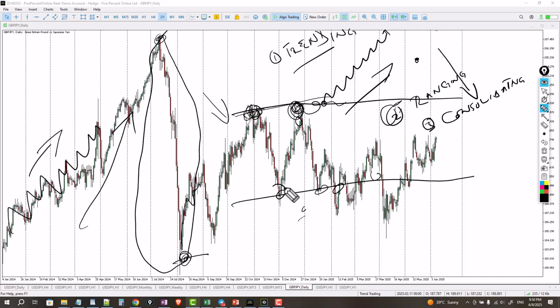Rather, price is consolidating. Because of the lack of volume, price usually starts forming something that looks like a triangle. So instead of making sustained higher highs and higher lows, or lower lows and lower highs, price is going to be consolidating.